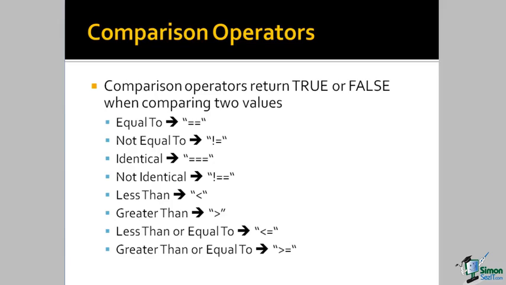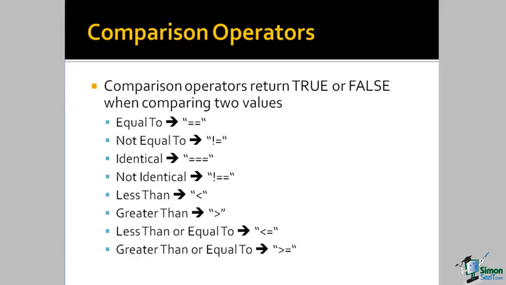And then notice we can negate the equal operator with the bang, with the exclamation point. So exclamation point equals says it's not equal to. So this is not equal to that. That returns a true. If it is equal, then it would return a false.